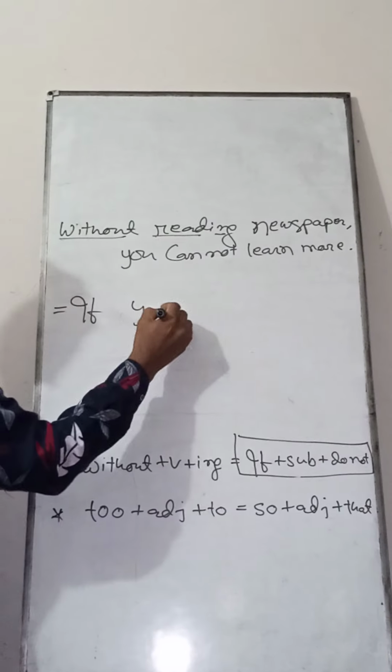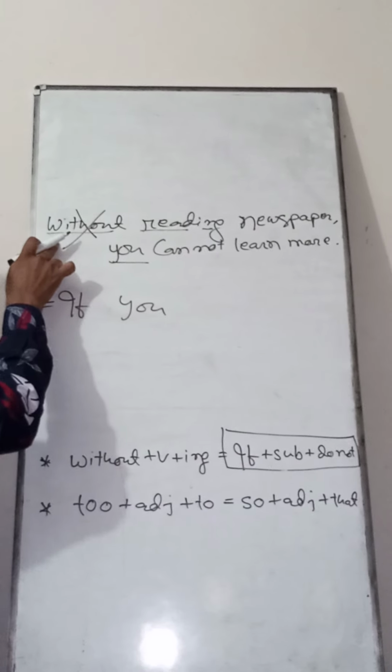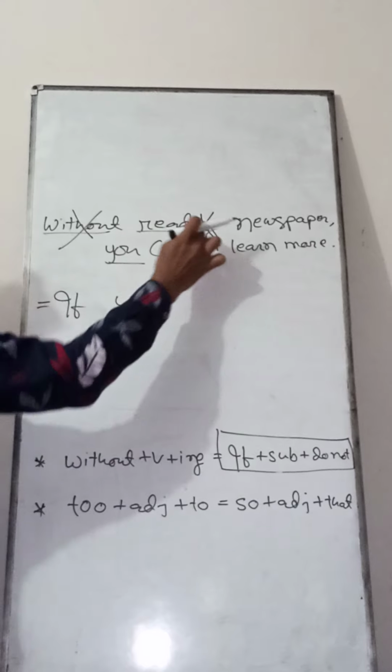If the subject is you, without is the sign of a simple sentence, and ing is the sign of a simple sentence.